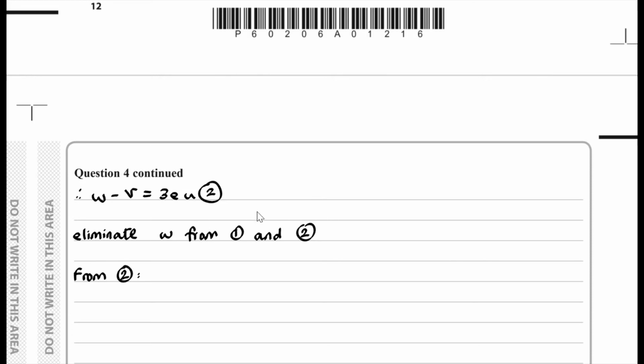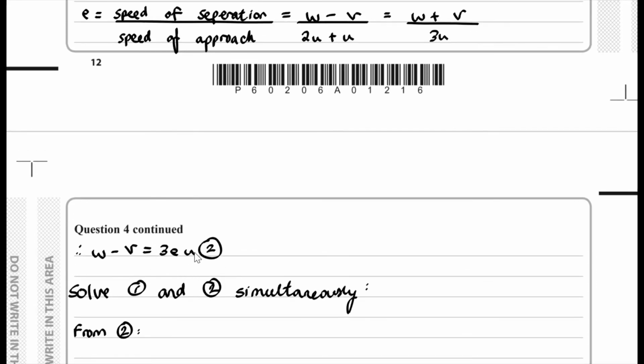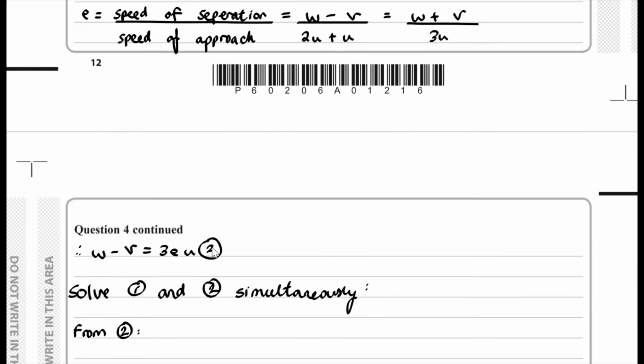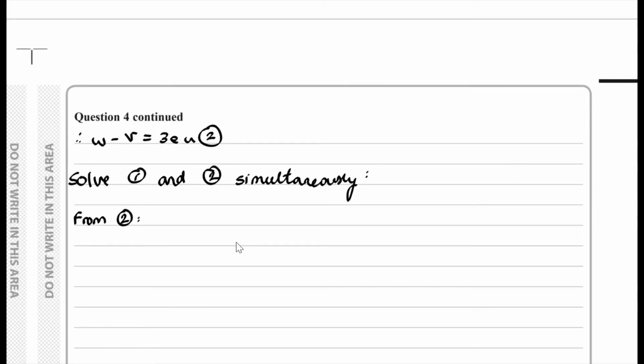If you look at equation 2, if we multiply that by 3, then we can add equations 1 and 3 together. So from equation 2, if we multiply that by 3, we have 3w minus 3v equals 9eu.